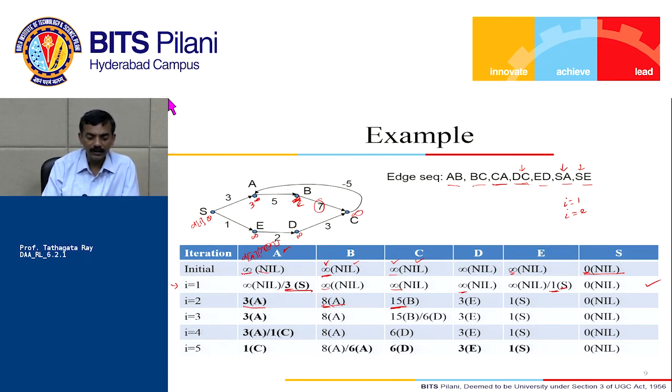Then comes CA. Now when you come to CA, CA is having the weight -5. But what is the value of C? C is 15. What is 15 minus 5? It is 10. Is 10 better than 3? Is it less than 3? No. So nothing to change for A. So A remains at 3.